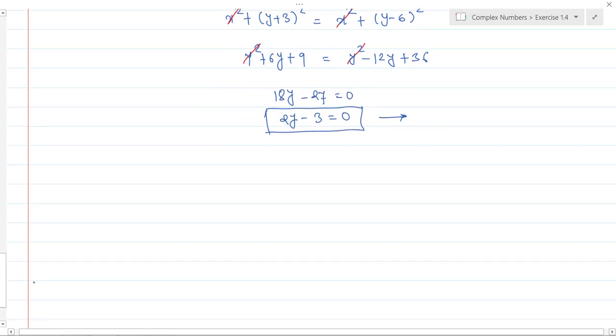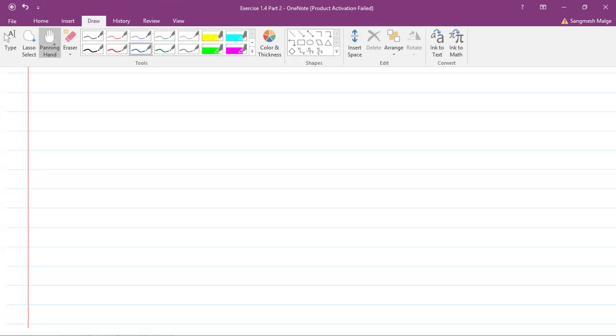Okay. Now let's start the next part. Question number 7. Very important. Based on the De Moivre's theorem, which we have studied. So question number 7 says that use De Moivre's theorem and simplify the following.